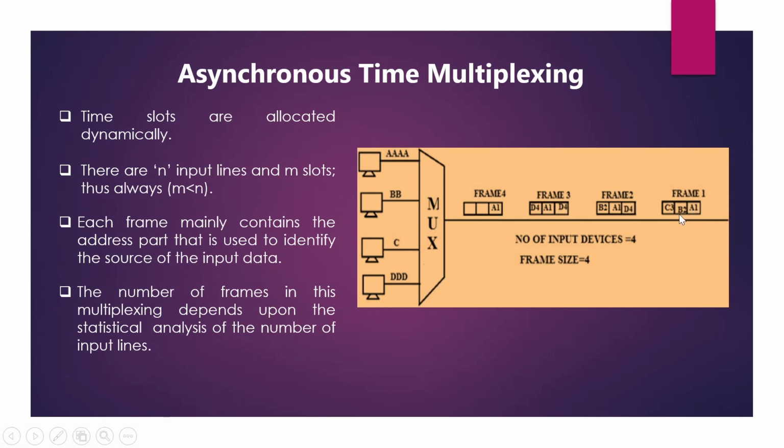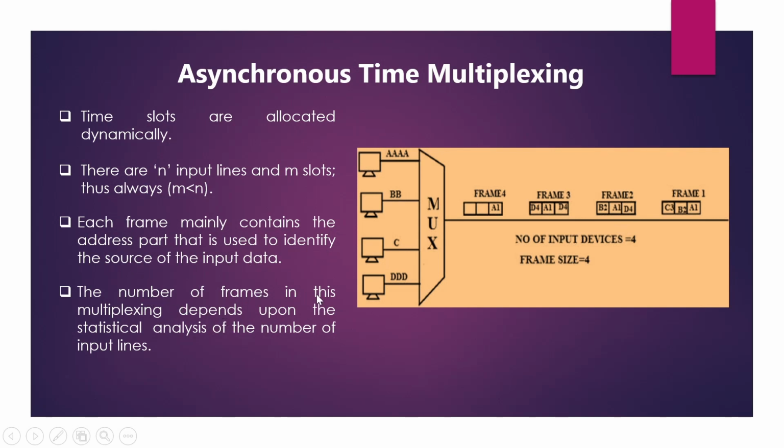So here if we see some data, we should know which input line this data is from. Similarly, in case of B2 we should know what the data is and which source it is coming from. That's why it is saying each frame mainly contains the address part that is used to identify the source of the input data.